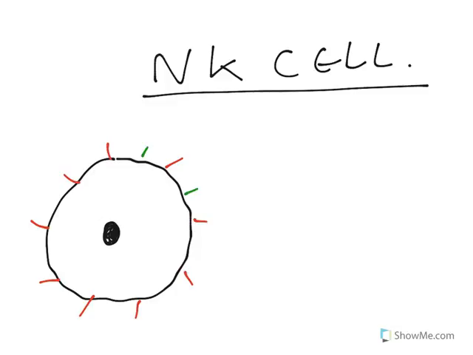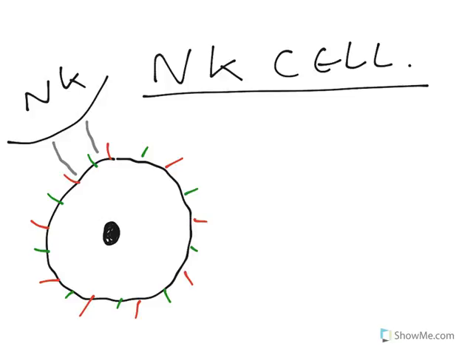So normal cells express a whole load of different proteins on their surface. And if the NK cell comes along, so we can draw an NK cell here, it has receptors upon its surface which recognise these so-called normal cell surface receptors on other cells.